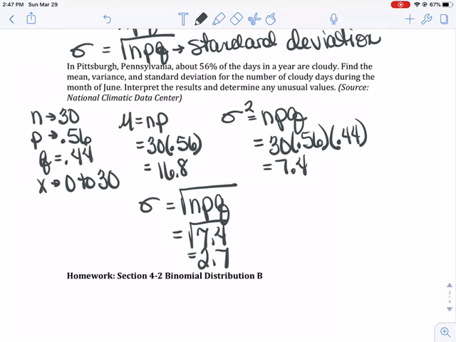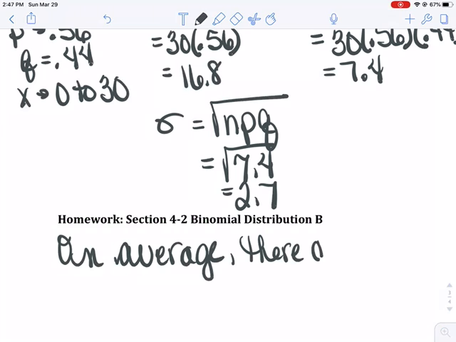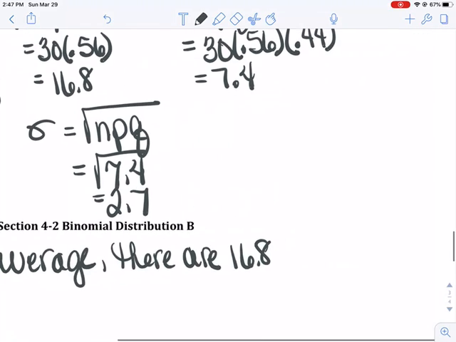All right, any questions there, please, again, let me know. Let's talk about how we would interpret this. So we would say on average, or we can expect, because remember, average in a probability distribution is the same thing as expected value, there are 16.8 cloudy days during the month of June.